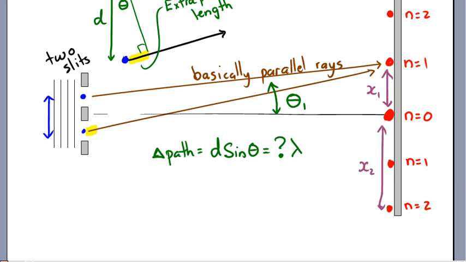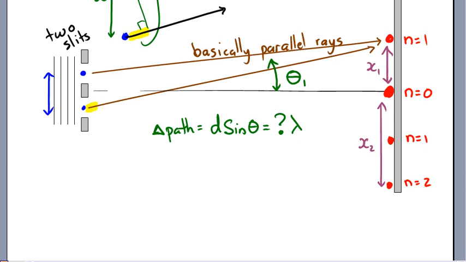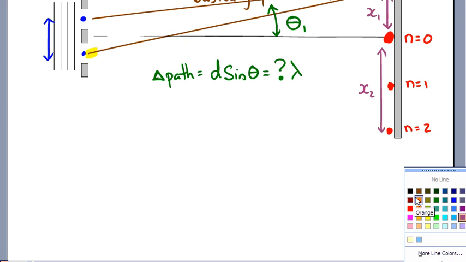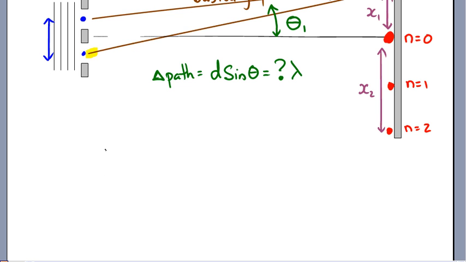If you want to get some math rolling here for how big those x's are, no problem. We can just do a little bit of grade 10 right angle trigonometry. That would look like this. This is not going to be to scale, but on one side of the room you've got that little multiple slit opening. Okay, actually, let's just draw it with 2 openings maybe. That was bad. Let me draw that again. Got my 2 openings.